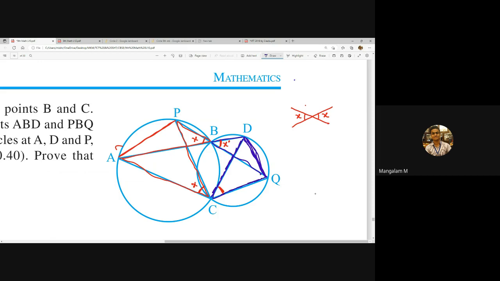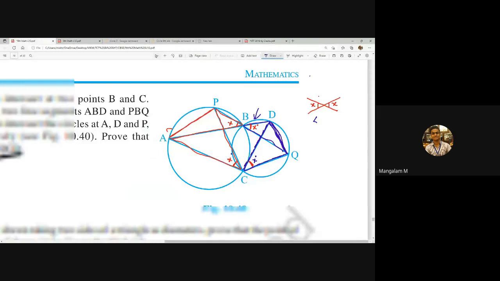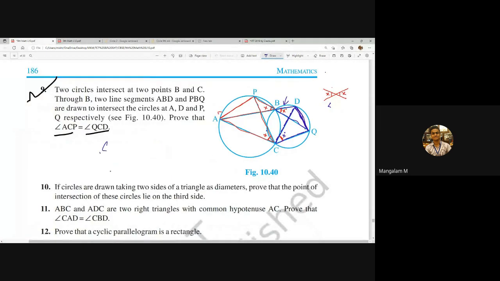So we know that angles from the same segment on a circle are equal. So this angle is x degrees, so this will also be x degrees. So our proof is done. What did we have to prove? We have to prove that angle ACP is equal to angle QCD, right? ACP here is x, and we have proved QCD is also x.